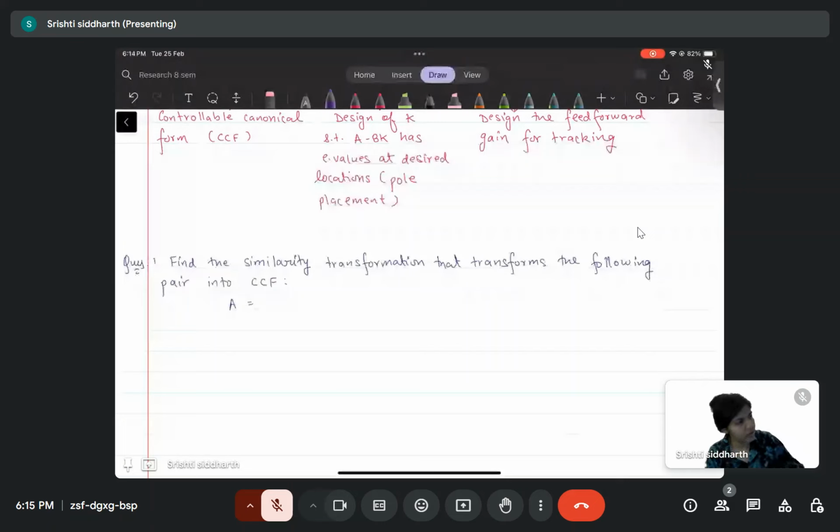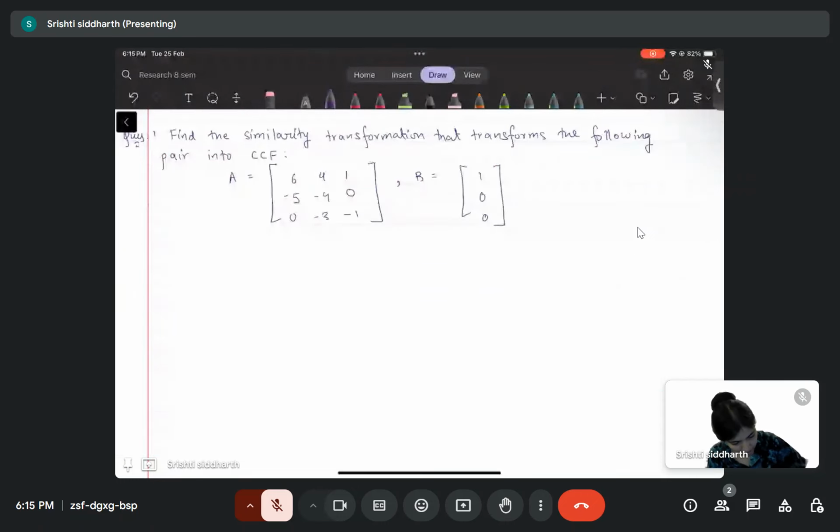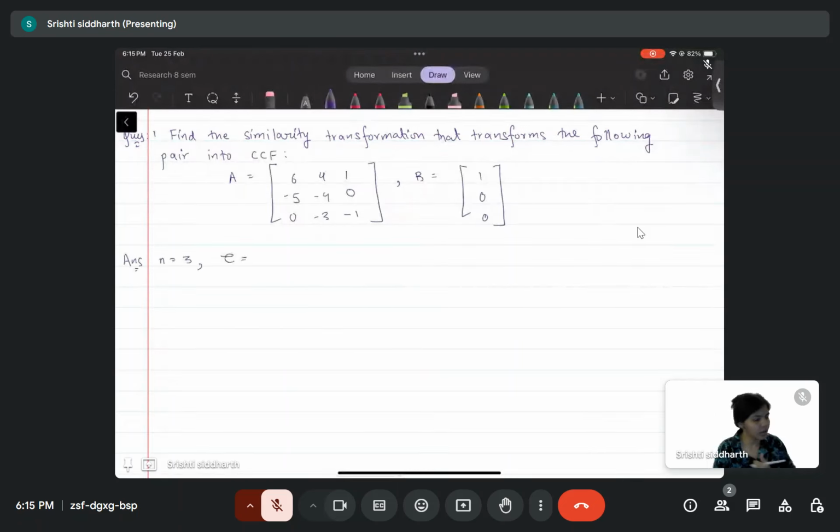Alright, so let's first check if the pair AB is controllable. For n equals 3, the controllability matrix is going to be B, AB, A squared B. Let's compute this first.